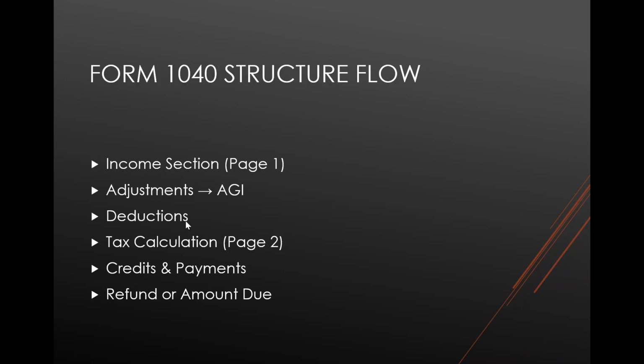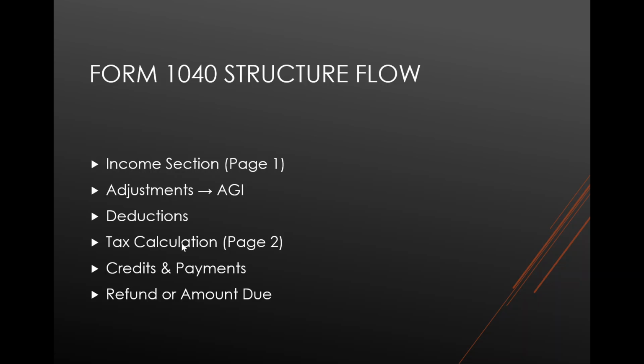There are two types of deductions. Either he can claim the standard deduction or the itemized deduction. He can choose: if the itemized deduction is more beneficial than the standard deduction, he can claim the itemized deduction and fill it in the relevant schedules. After claiming the deduction, he can go to the total income, and then on page 2 of Form 1040, the tax calculation is there.